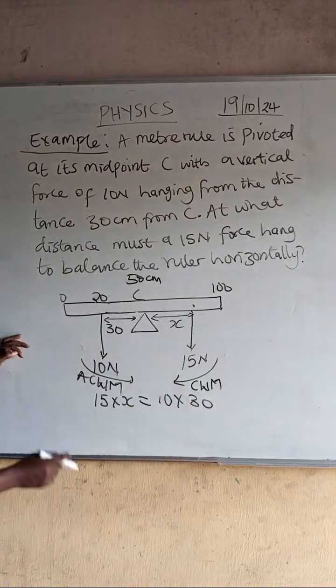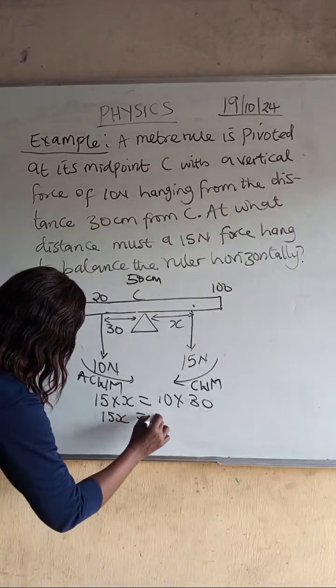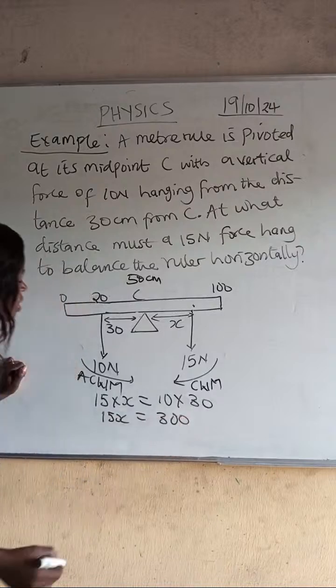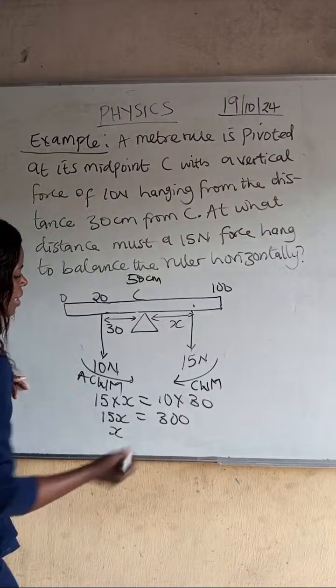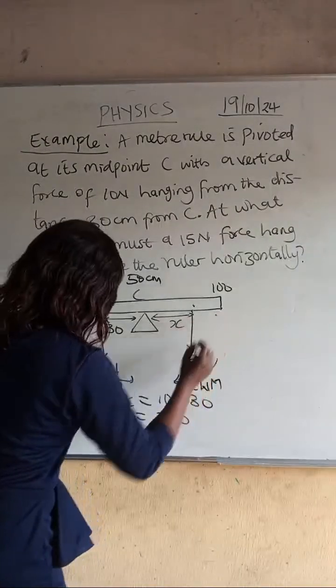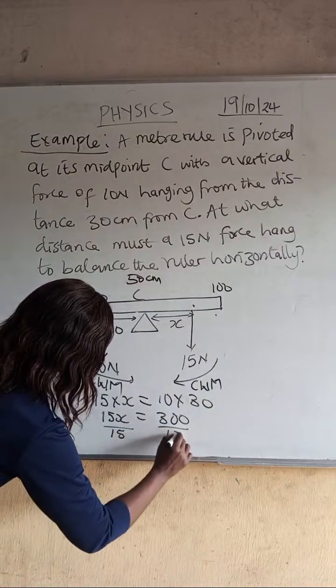Do you understand? When I multiply, I have 15x equals 300, right? Because I'm looking for x, I'm going to divide both sides by 15.